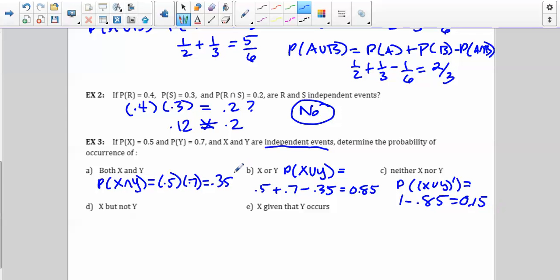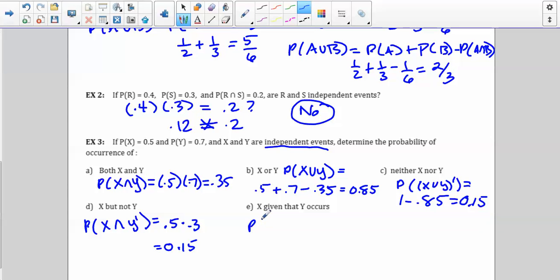The probability of X but not Y, so that's going to be the probability of the intersection of X and not Y. So the probability of X is 0.5. Since the probability of Y is 0.7, the probability of not Y is 0.3. So 0.5 times 0.3 gives us 0.15.